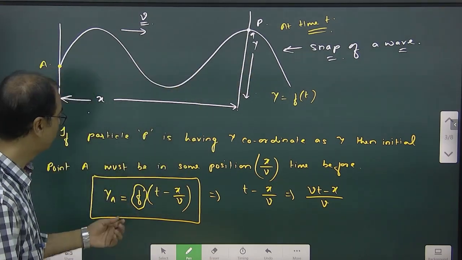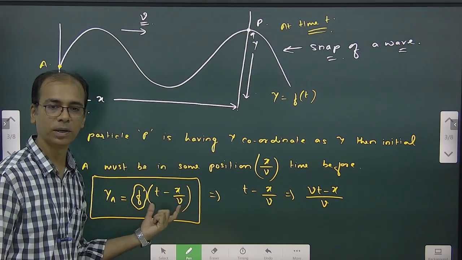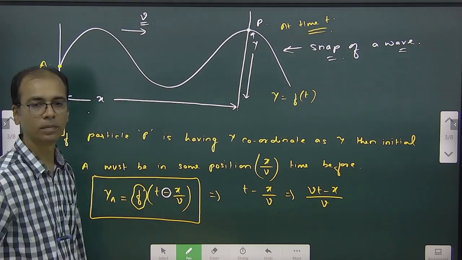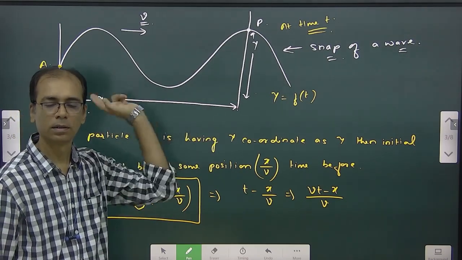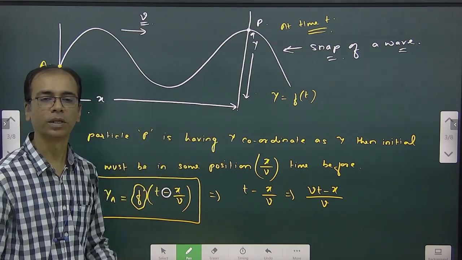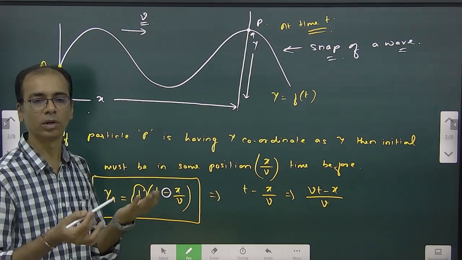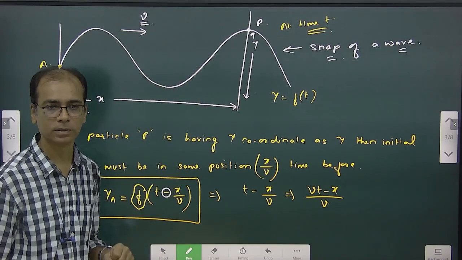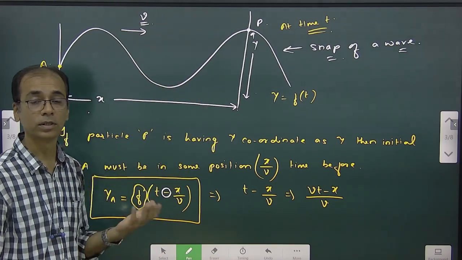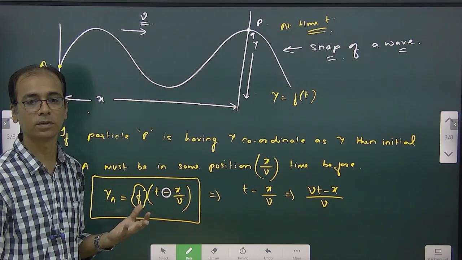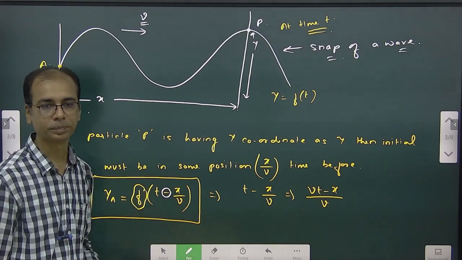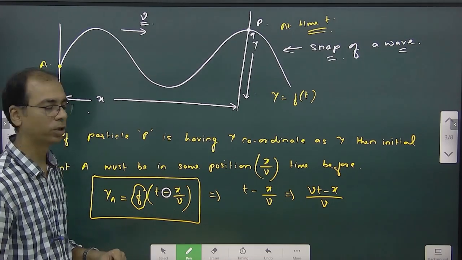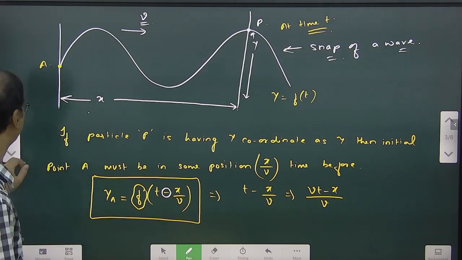And what function am I writing? t minus x by v. So whenever there is a minus here, the wave is traveling in the positive direction. So whether you write omega t minus kx or kx minus omega t, it's traveling along the positive x-axis. Then in which case will it travel along the negative x-axis? When I write t plus x by v.